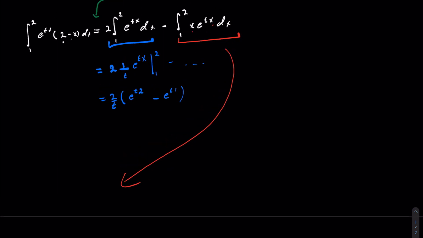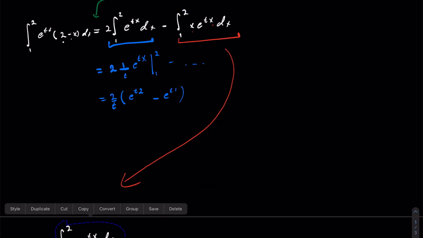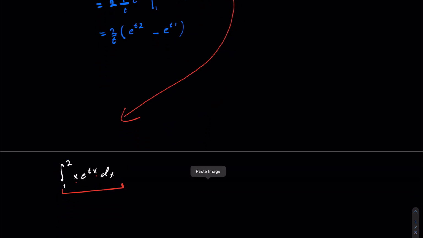The integration by parts formula, I tend to not really memorize it; just thinking through what it actually means and where it comes from is easier for me to remember. So let's do that now.